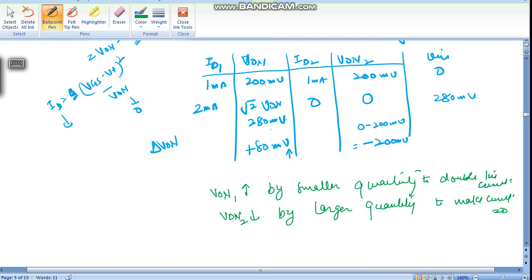So the quantity which is going in the positive direction, increasing, is less compared to the quantity which is going down. This is a very important point to note down.